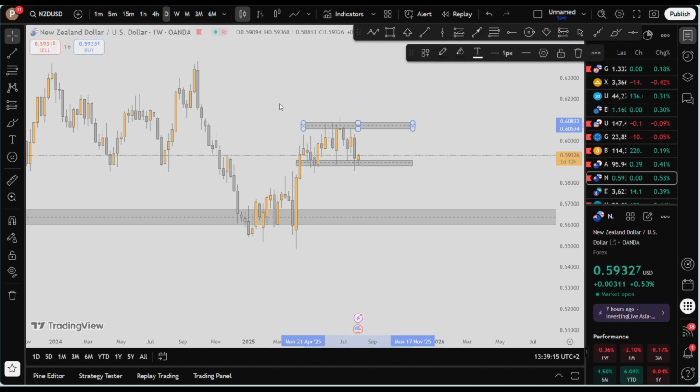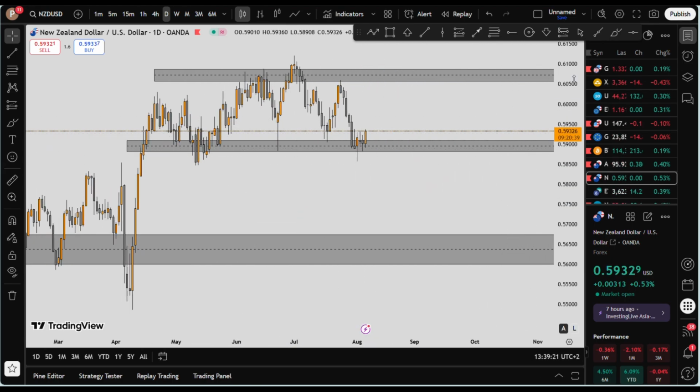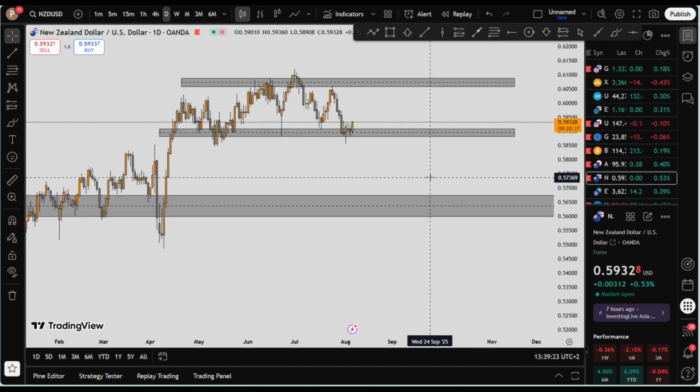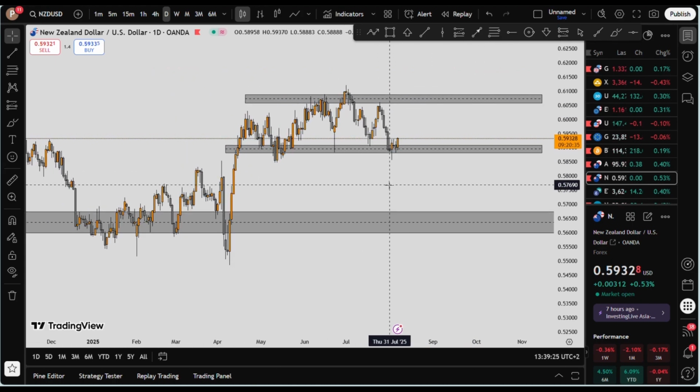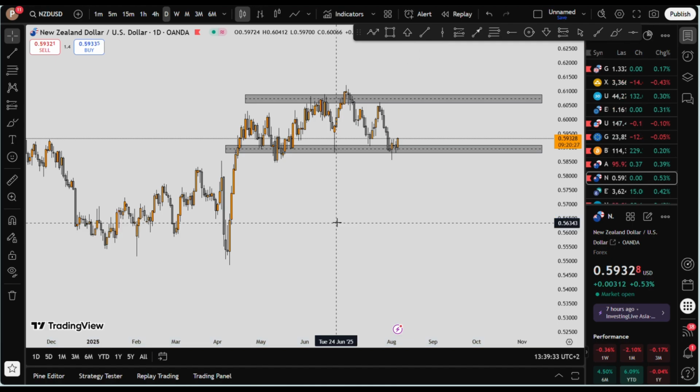Let's drop down to the daily and see if there's any clearer structure we can mark out. Here we identify that we are currently facing this support and this resistance. This was the overall support on the monthly.